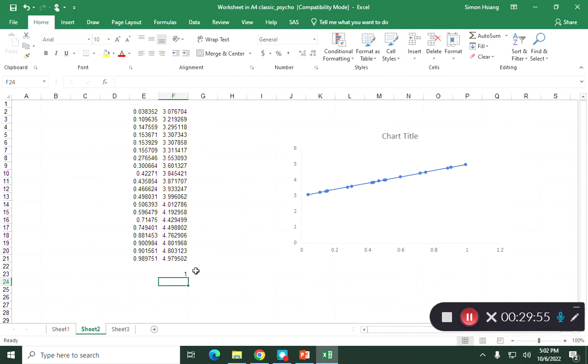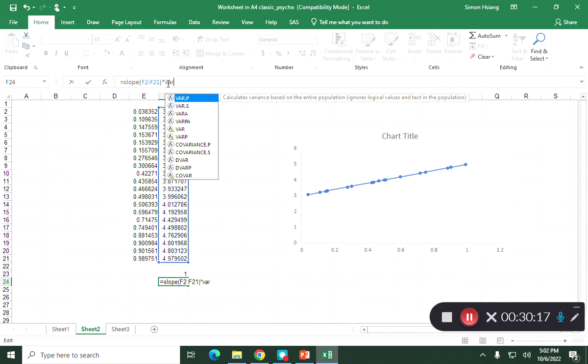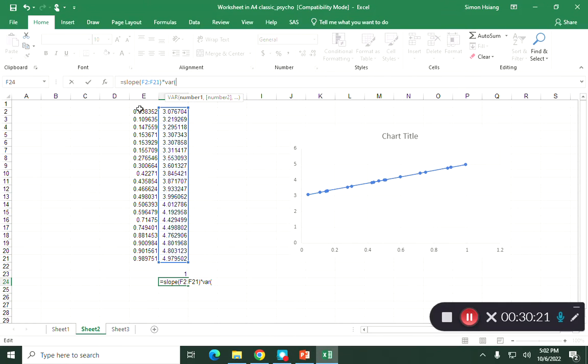The next thing I can say is that the slope is equal to this guy times the variance of this guy.